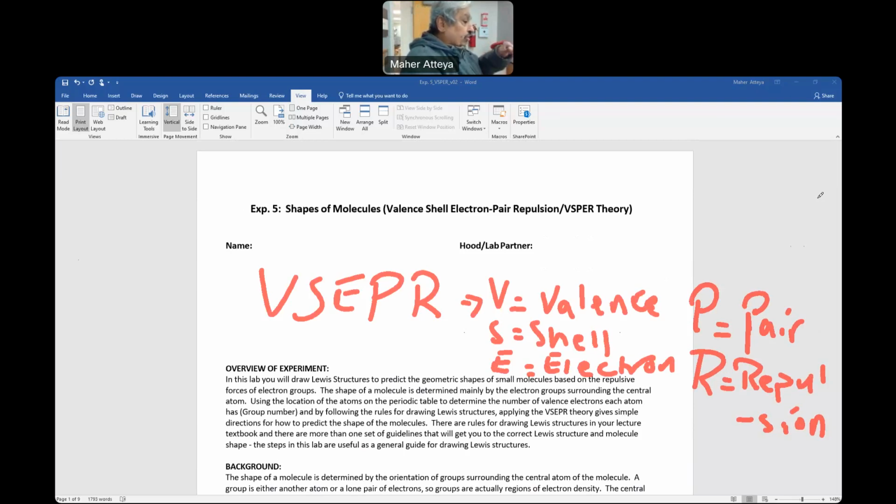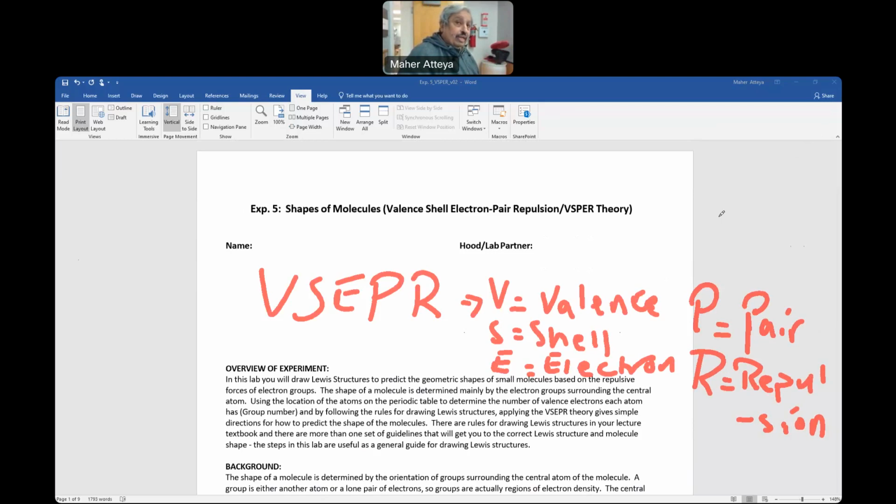So they end up far away from each other in space, with the minimum of repulsion, because they are negative particles. They will not attract themselves, they will repel each other. So minimizing the repulsion leads to the very stabilized shape of the molecule. And that's the whole idea of VSEPR.